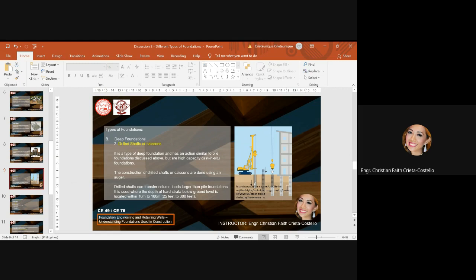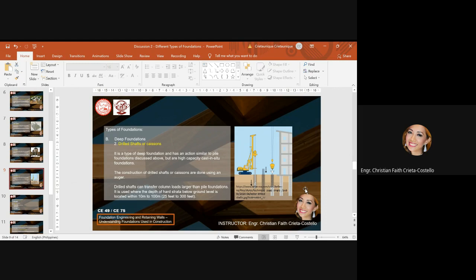It resists loads from the structure through shaft resistance, end resistance, or a combination of both. The construction of drilled shafts or caissons is done through an auger. This is a sample image of an auger. An auger is a tool with a helical bit for boring holes.